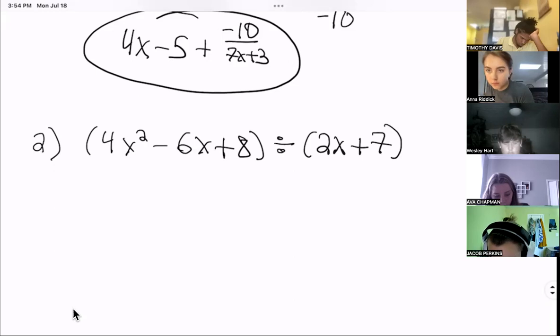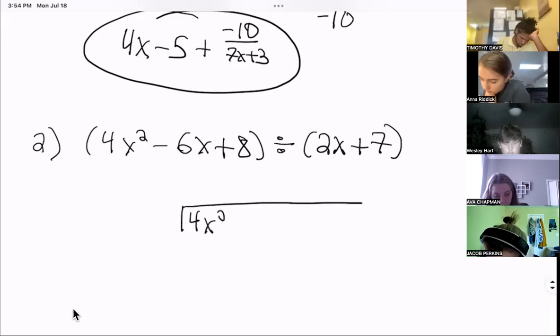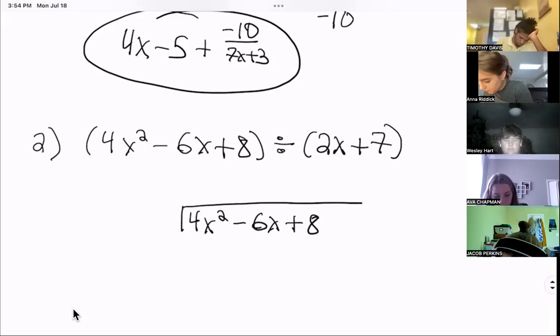So we're going to set it up as long division. 4x squared minus 6x plus 8 goes under the sign, and 2x plus 7 is what we're dividing by.